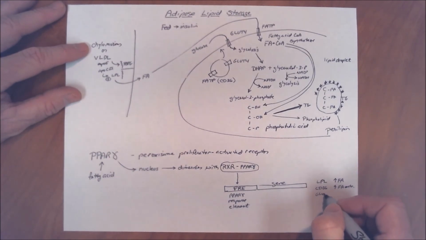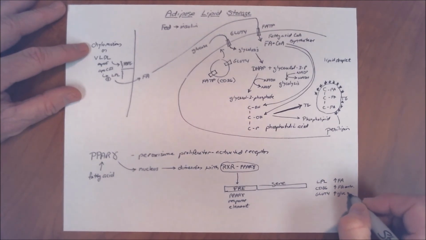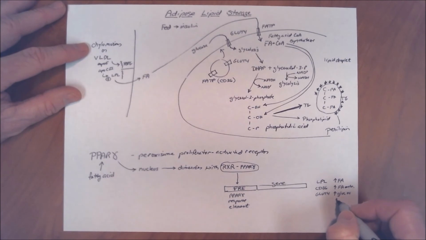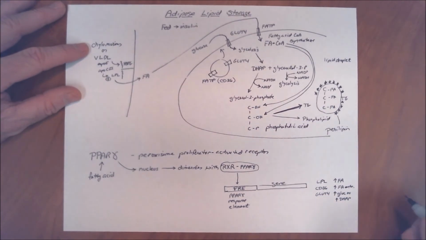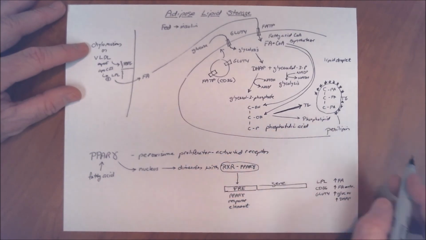It increases the expression of GLUT4 for increased glucose oxidation, but also increased DHAP product formation so that we can form the glycerol 3-phosphate backbone to form our triglycerides.